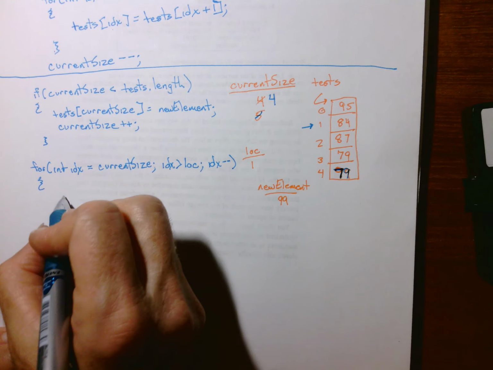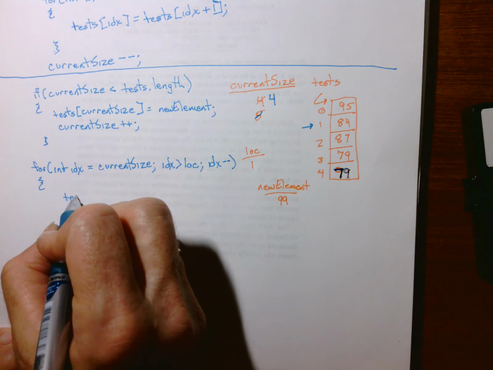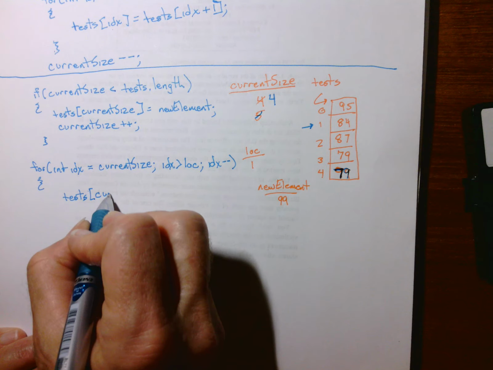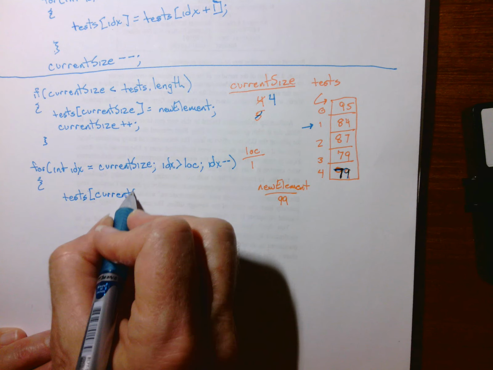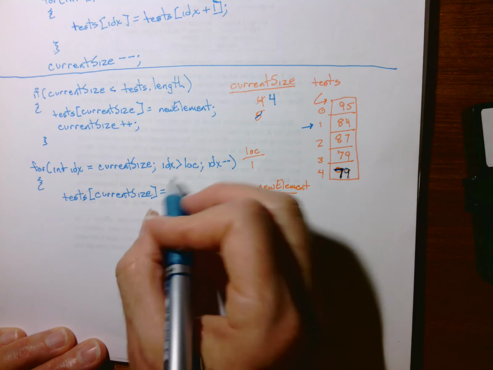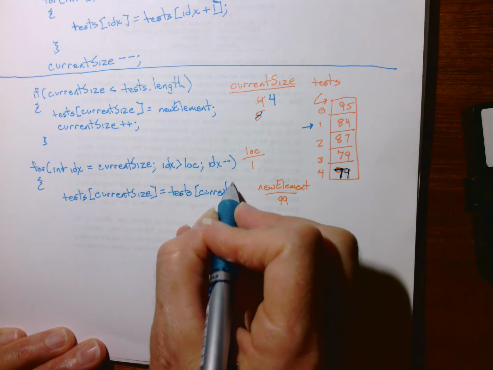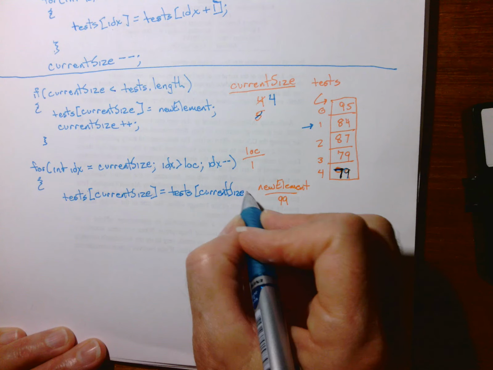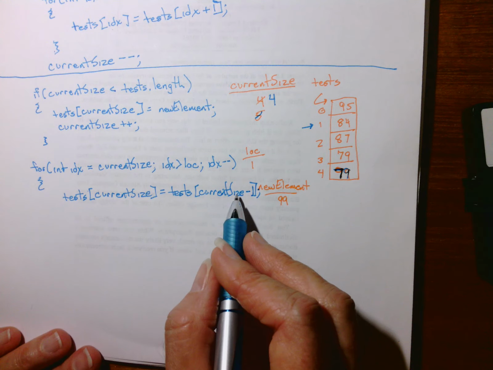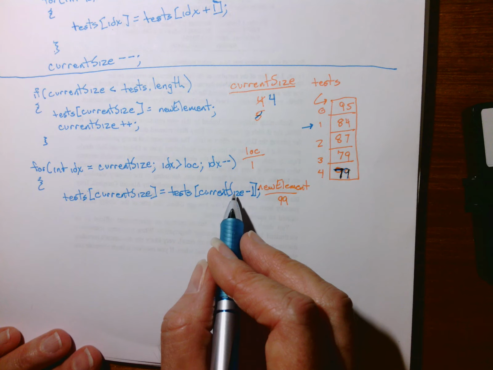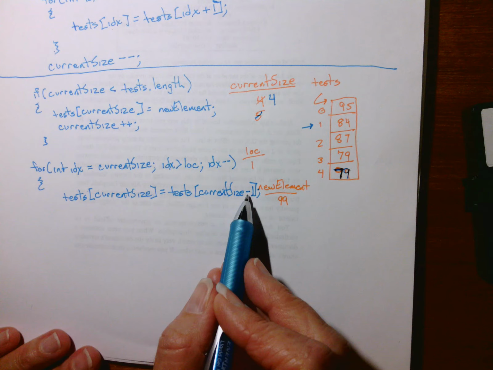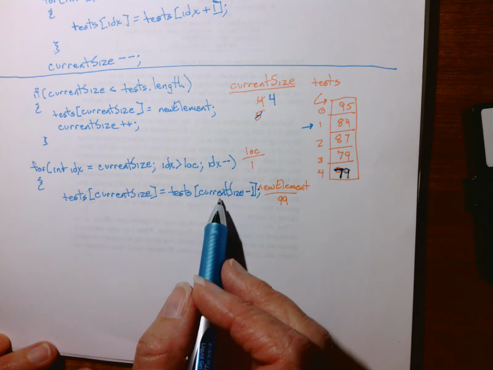While this is going on, I set tests sub IDX equal to tests sub IDX minus 1. Be careful not to put minus minus over here because you don't want to change the value of current size inside the loop, because that'll mess things up. Note we put current size minus 1, which just changes it for the moment. It doesn't alter the value contained inside current size.